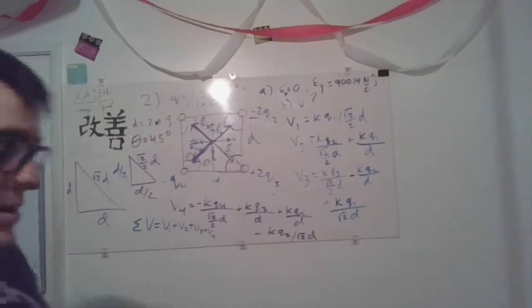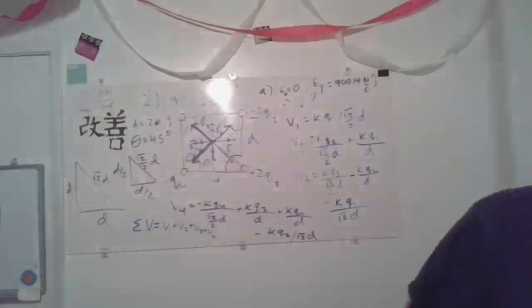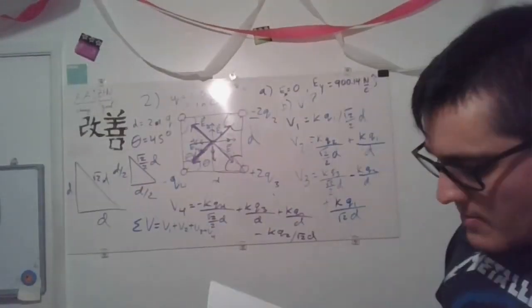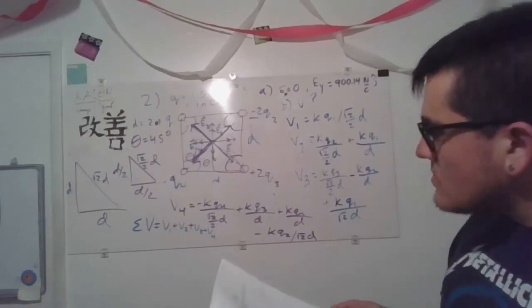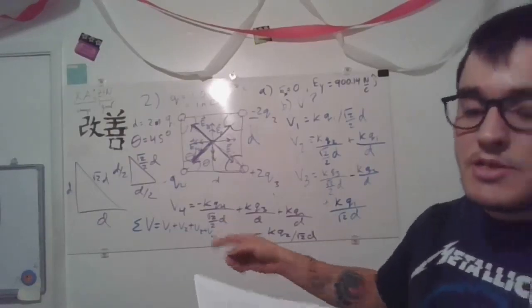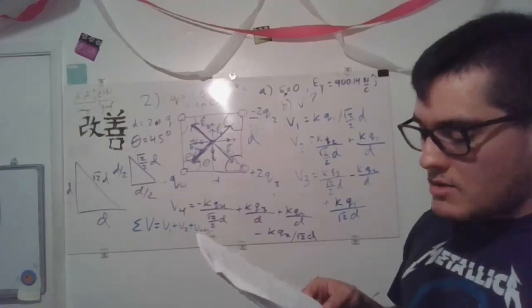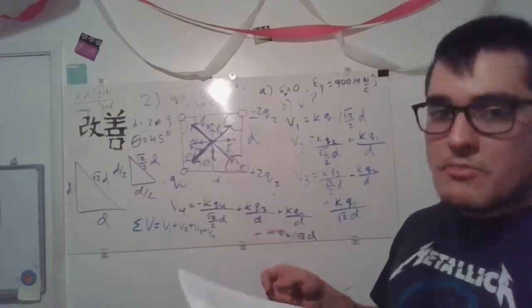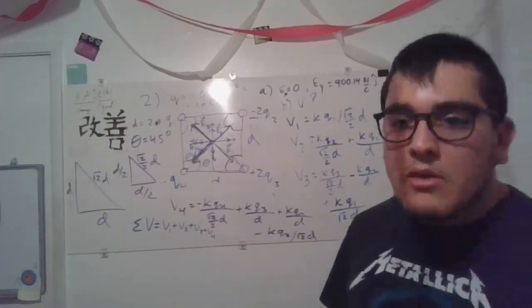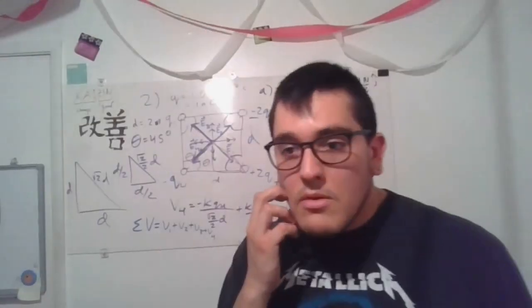So that'll be the end of that problem. You could also take the sum of here, and this is the answer for B. V net is KQ.